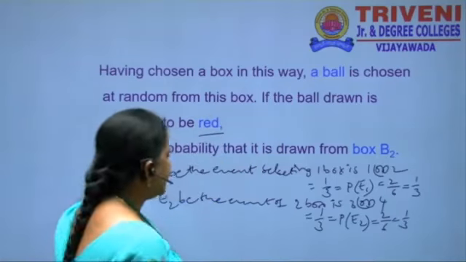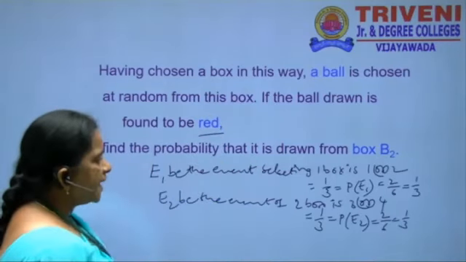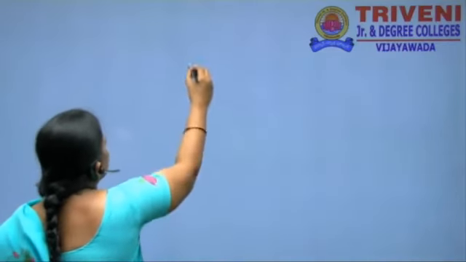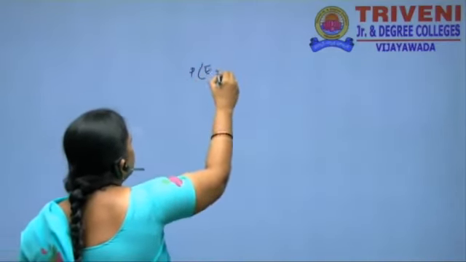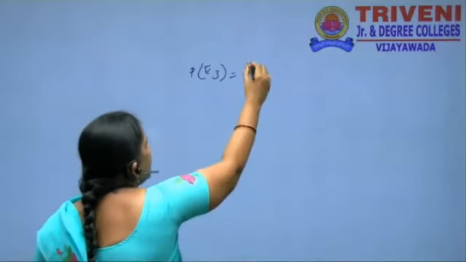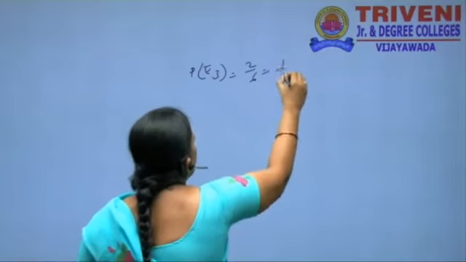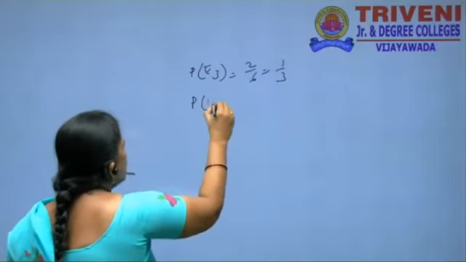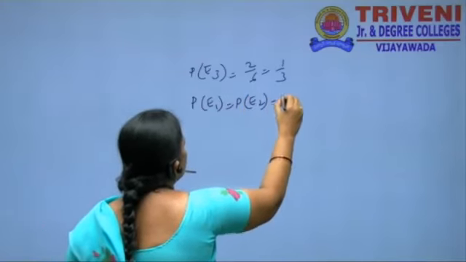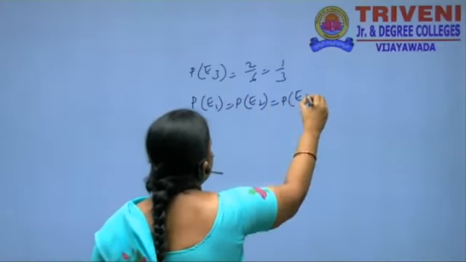And similarly, E3 be the event of selecting box 3. P(E3) is equal to, here also two chances, that is 5 or 6, 2 by 6, that is equal to 1 by 3. Here P(E1) is equal to P(E2) is equal to P(E3).